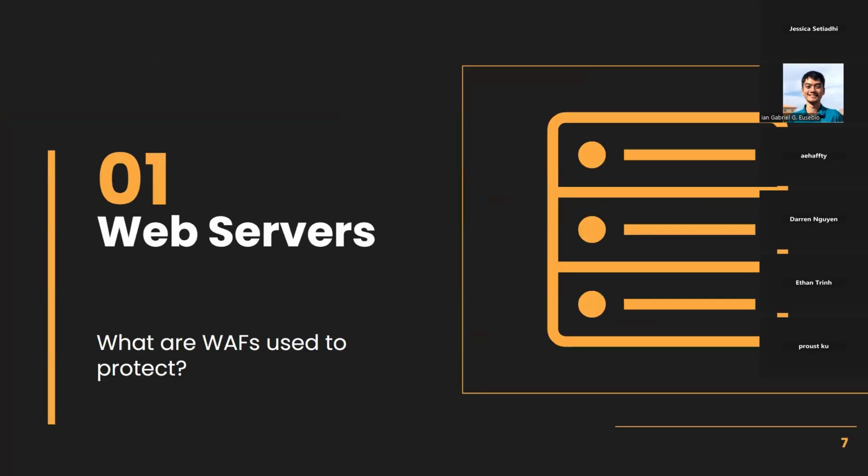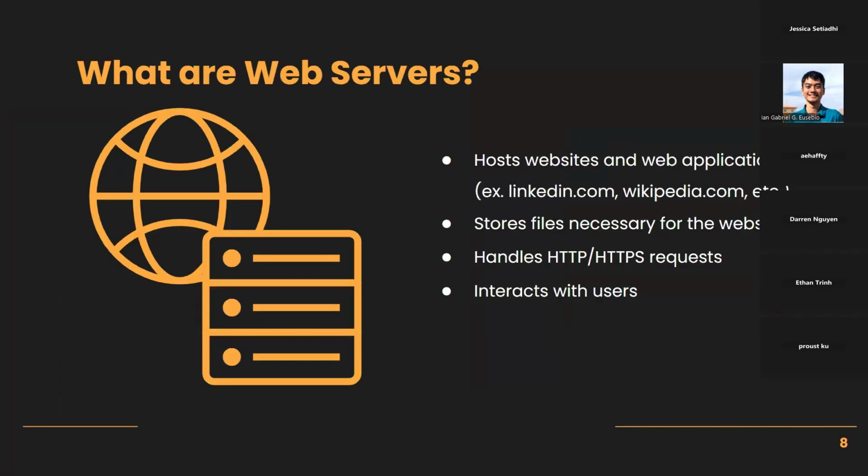So first of all, to understand why WAFs are used, you have to understand what they're used to protect. So WAFs are used to protect web servers, but what are web servers? Web servers are the devices used to host websites and web applications.